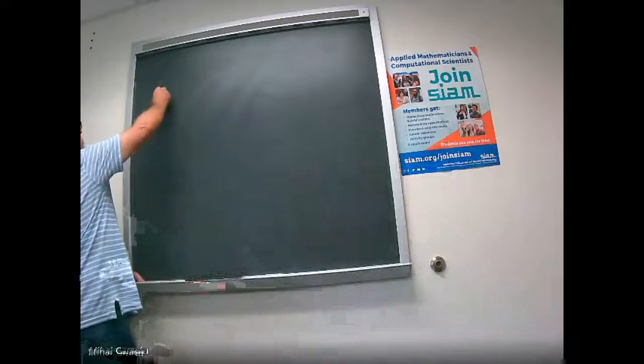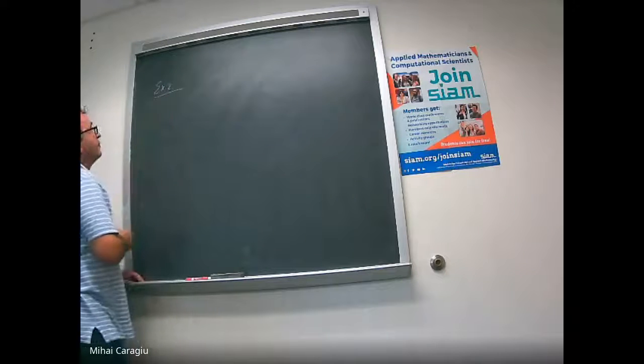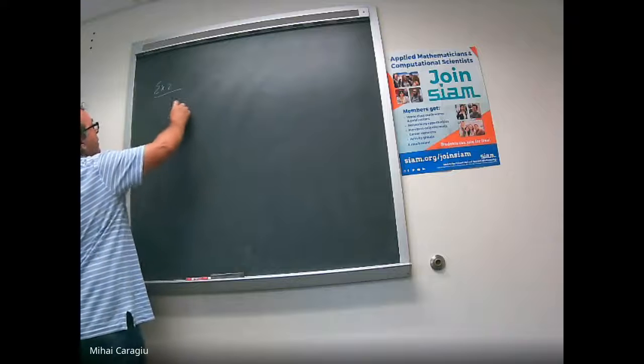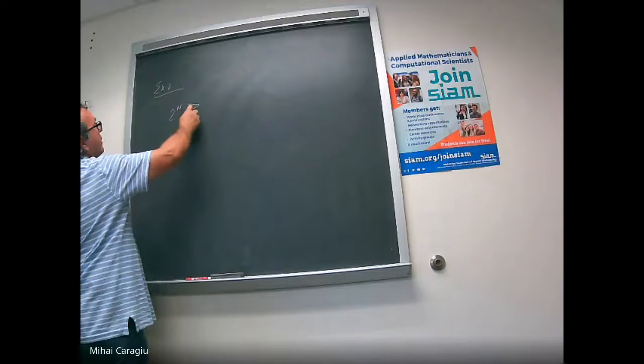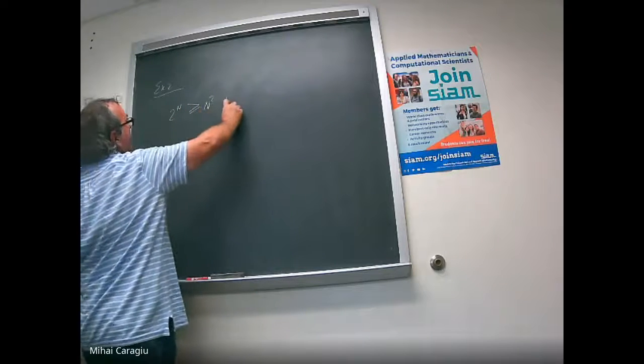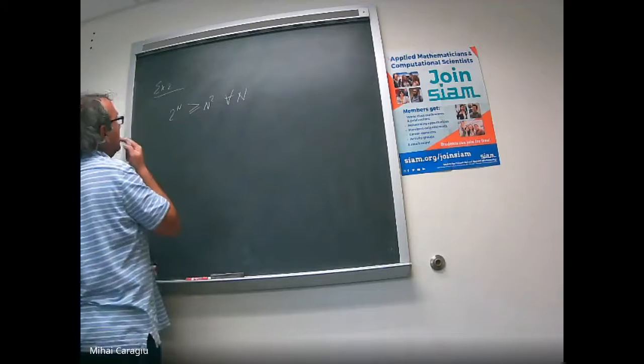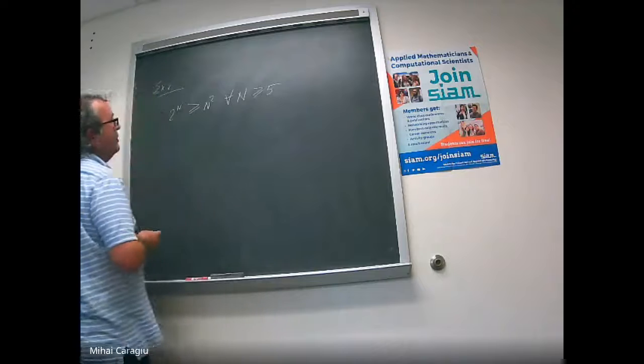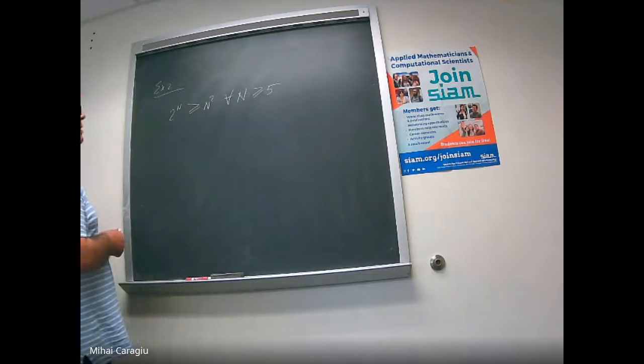Okay, exercise 2. 2 to the power n is bigger than or equal to n squared for every n starting at 5. So this will be an inequality which we want to prove by induction.